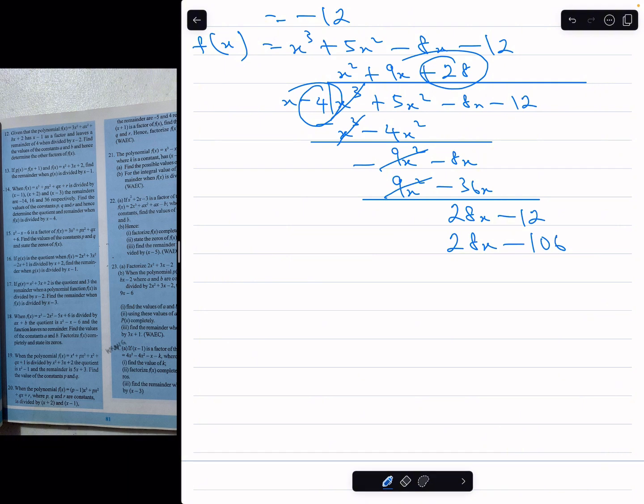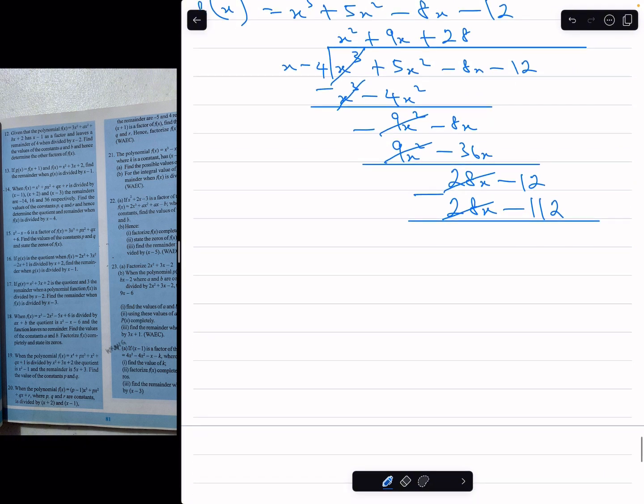Minus 4 times 28. Is that correct? 4 times 20 is 80, 4 times 8 is 32, so minus 112. And now we subtract. 28x minus 28x is 0.